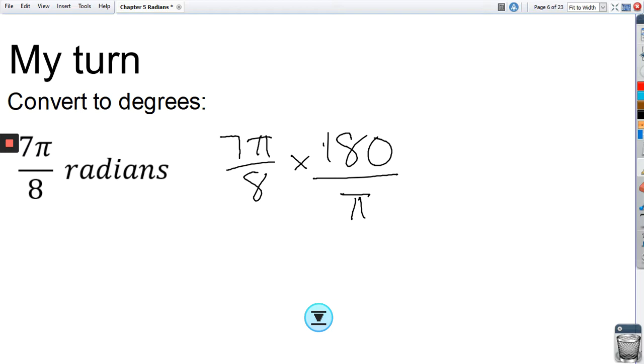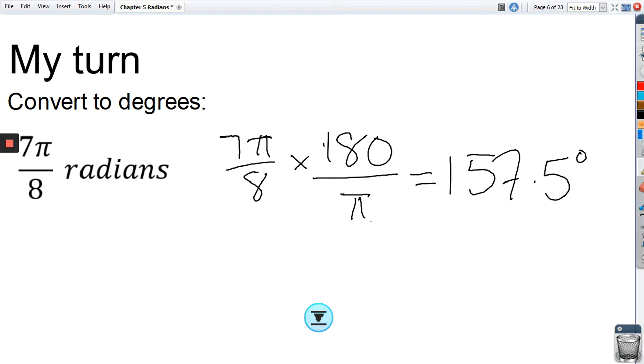So you do 7 eighths of 180. And if you work that out, it's 157.5 degrees. So you take however many radians you've got, and you multiply it by the 180 over pi, the number of degrees in 1 radian.